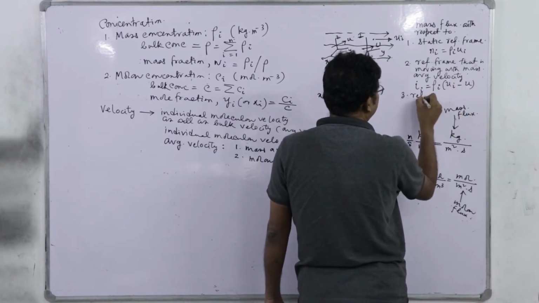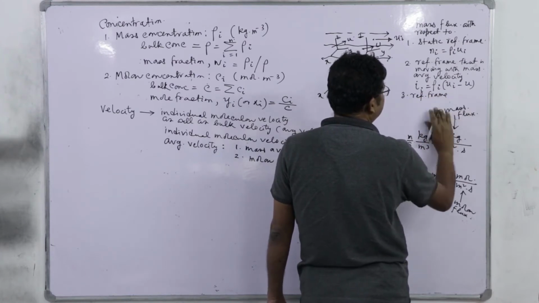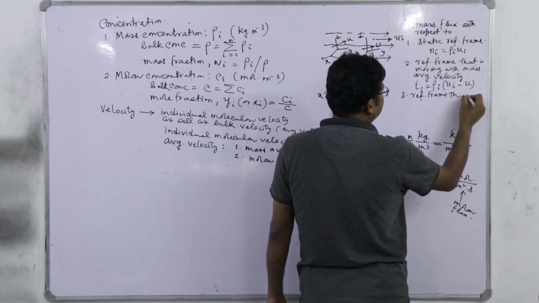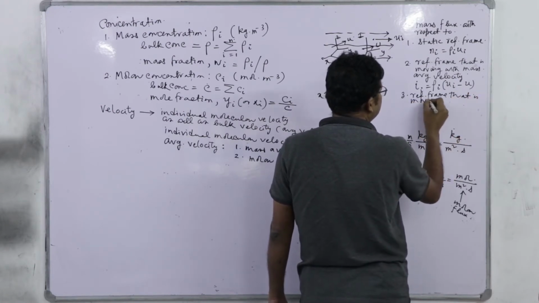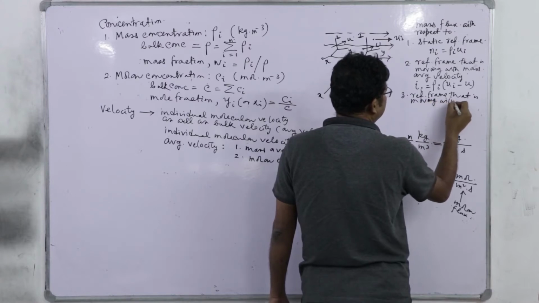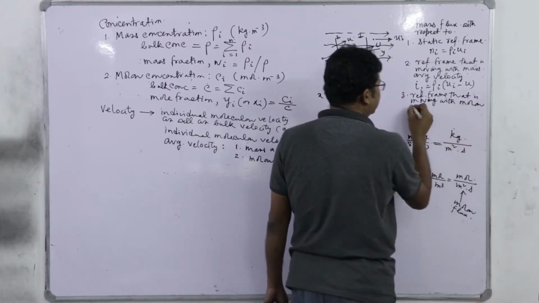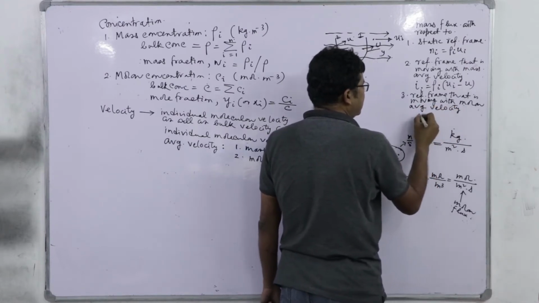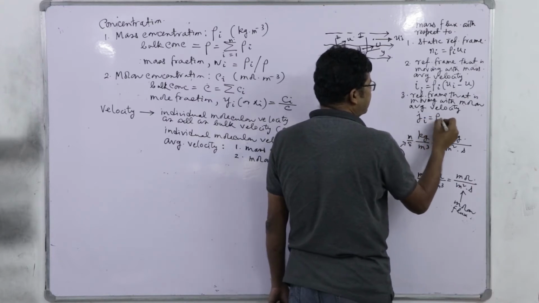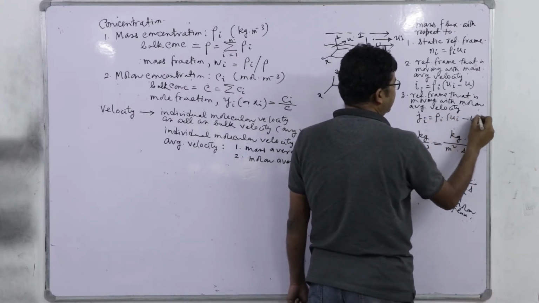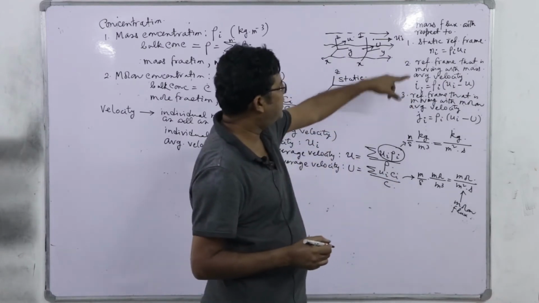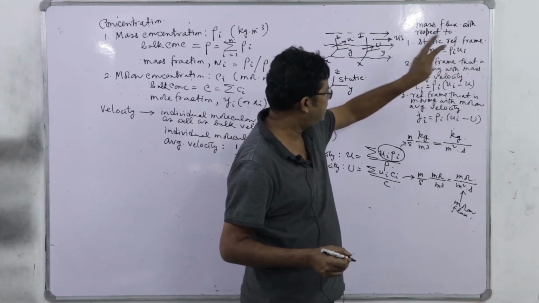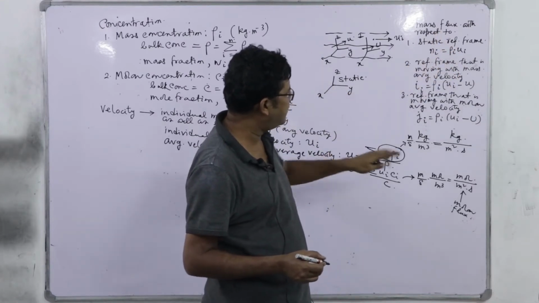Now, we can also define a reference frame that is moving with the molar average velocity. So, it is ji equal to rho i into ui minus capital U. Now, what we can observe here: this u is the mass average velocity, and ui is the absolute velocity with respect to a static reference frame.